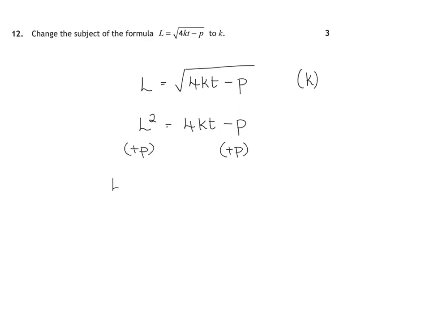So I get L squared plus p is equal to 4kt. And then the first thing I said I was going to do would be multiply k by 4 and by t. So I then need to do the opposite, so I need to divide by 4 and t.